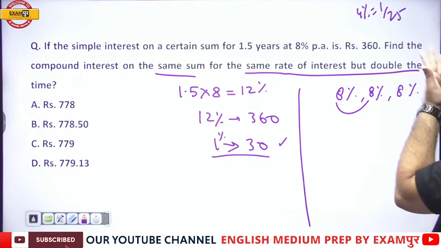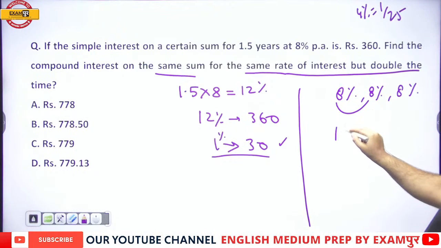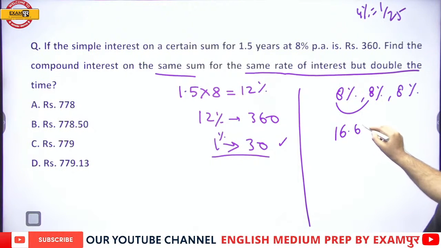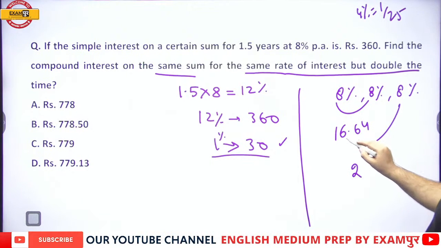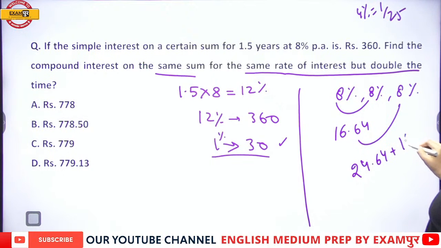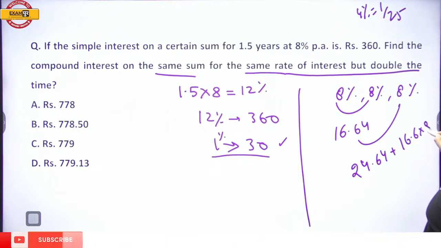16.64, 24.64 plus 16.6 into 8 divided by 100.